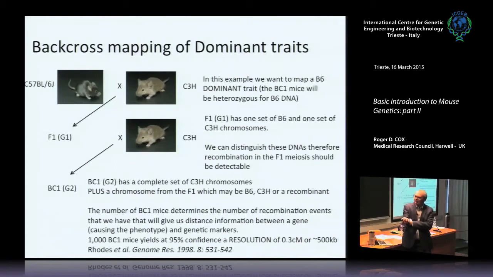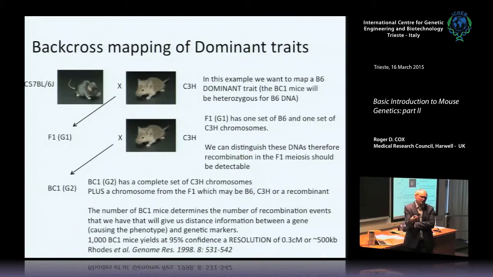The number of these back-cross mice, how many you have in your cohort, determines the number of recombination events, which determines the resolution of your map. This is a bit extreme, but 1,000 back-cross 1 mice yields at 95% confidence a resolution of about 0.3 centimorgans, or 500 kb. So if you want to know exactly where it is gene-wise, you wanted a resolution of 500 kb, you might need 1,000 back-cross 1s.